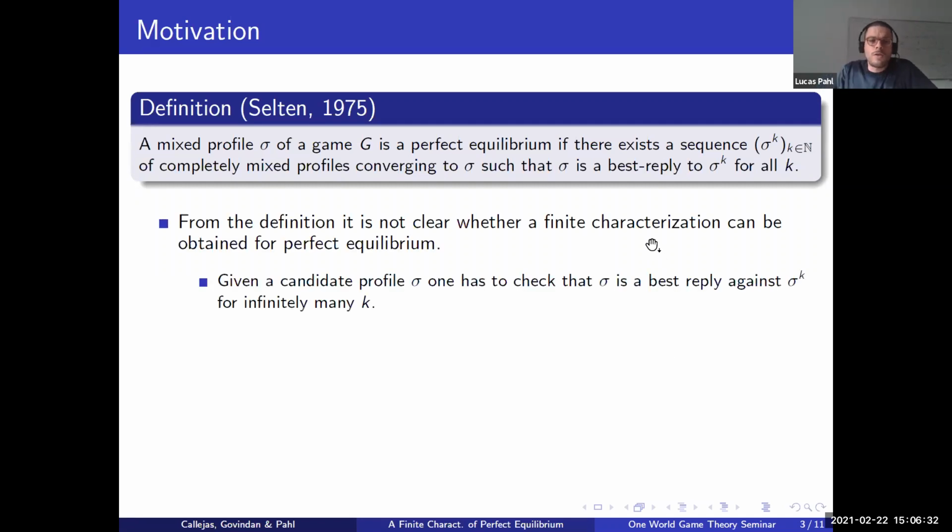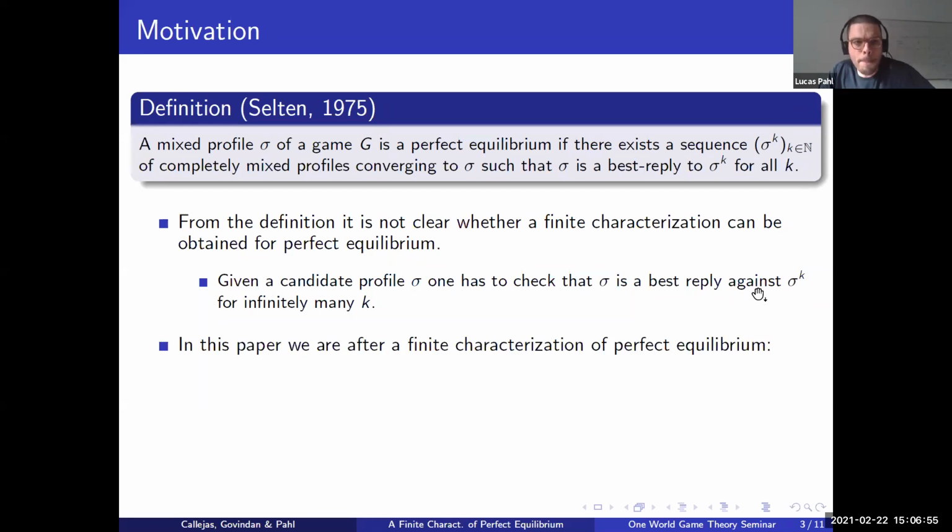From this definition, it's not clear whether a finite characterization can really be obtained for perfect equilibrium. This is easy to see because for a candidate profile sigma, you would have to check infinitely many times whether sigma is a best reply against each element of this sequence. So for each k, you have to check whether sigma is a best reply against sigma^k.